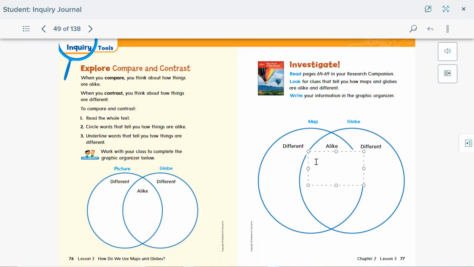Yeah, it shows land, continents, and it shows water, like oceans.